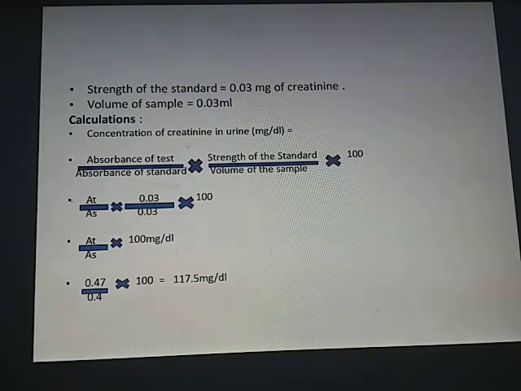Here is the value of an already done test, where the absorbance of test is 0.47 and absorbance of standard is 0.40. Into 100, it gives 117.5 milligrams per deciliter. So the concentration of creatinine in urine is 117.5 milligrams per deciliter.